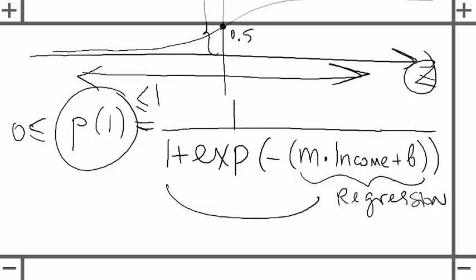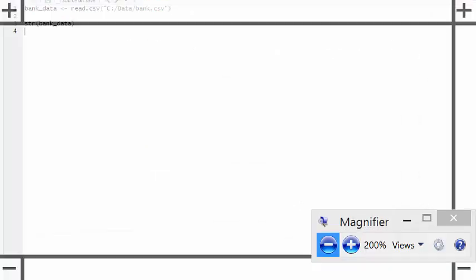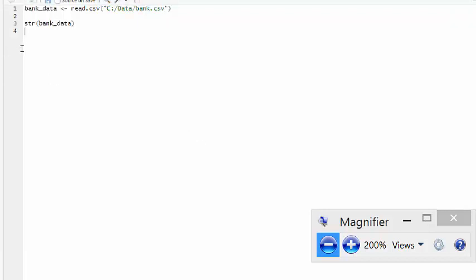Well, ladies and gents, let me show you how it's done in R. Or in the quiet words of Arnold Schwarzenegger, enough talk. Let's do some action. All right, so let's go ahead and do the simple logistic regression.